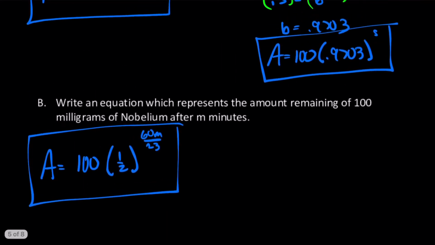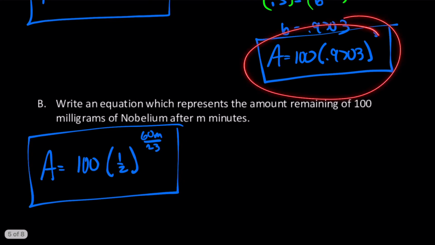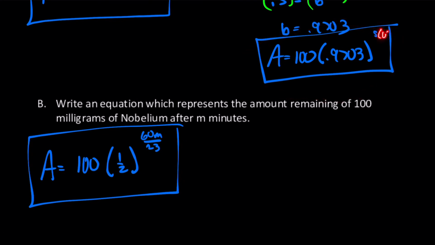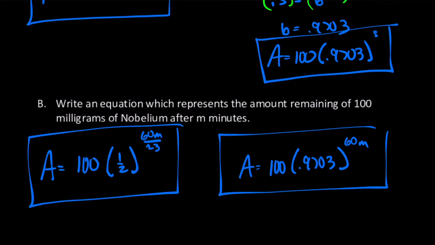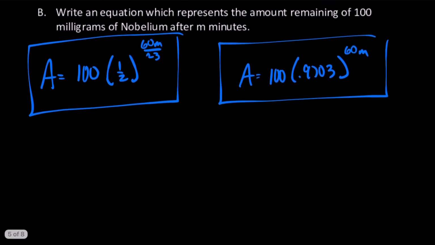If you're using this model on the right, you would have to multiply this by 60. So that would be A equals 100 times 0.9703 to the 60m. And we're just changing the name of that variable. So either one of those would be fine.